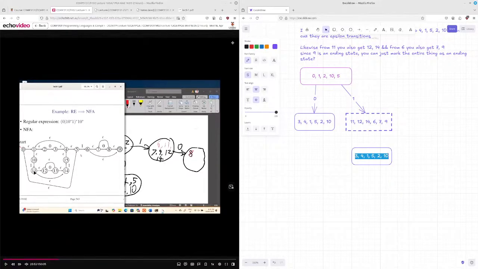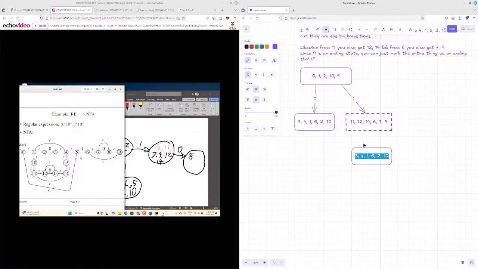So from 11 going on 0, there is no 0 transition. From 12, if we use 0, we can get to 13. From 13, we can also get to 14, and we can also get to 12.